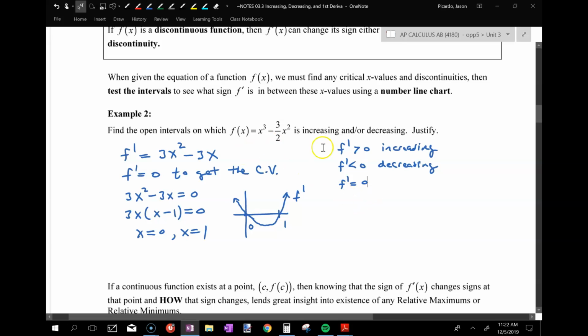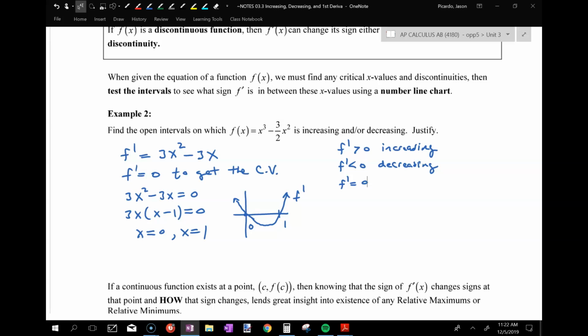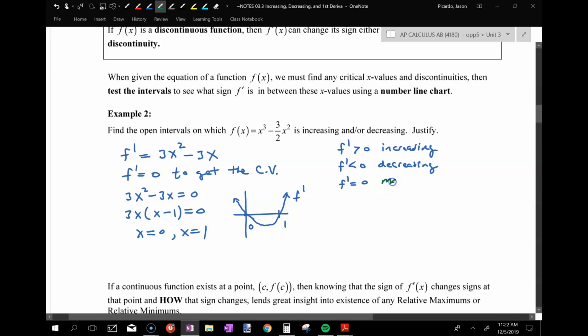Does this one have endpoints? No. Or the derivative equals 0, which means you're at a constant. Extrema, which is a max or a min. Yes. Okay. There you go. So it took us a while to get there, but this means I'm at some maximum or minimum.